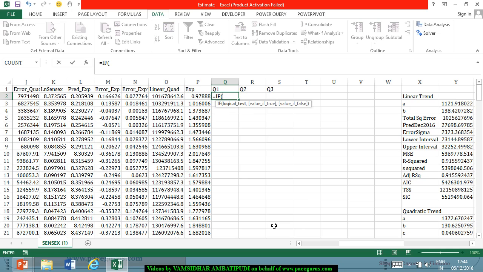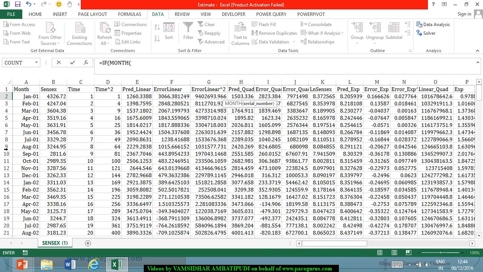So I'll say if AND of month of this is greater than or equal to 1, comma, month of this is less than or equal to 3, then I will set this particular value as 1, otherwise I'll set it as 0, which means it belongs to Q1.